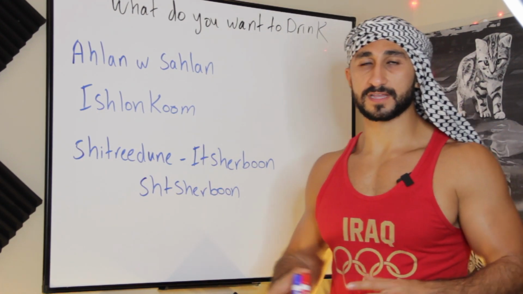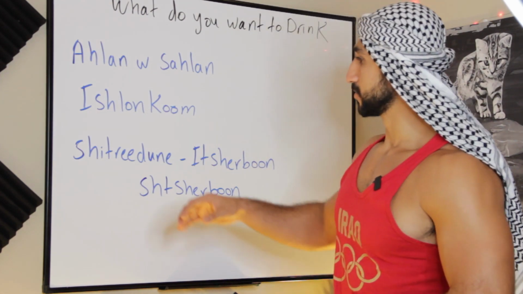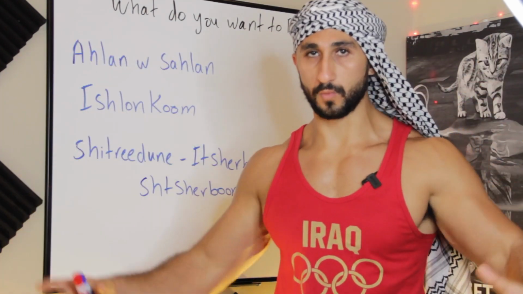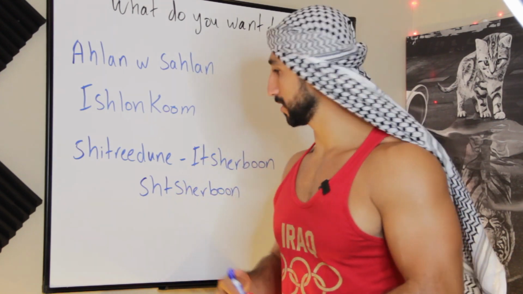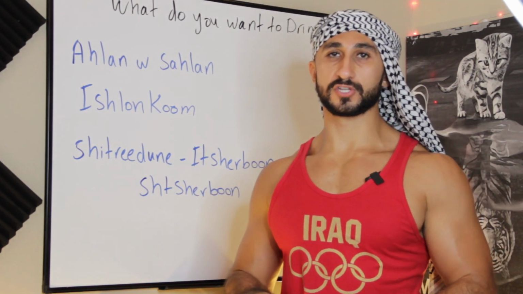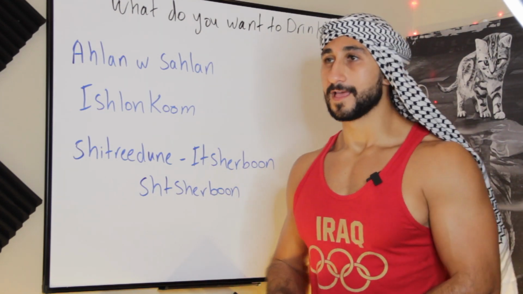Alright, so now the first thing in the restaurant, they're going to ask you, what do you guys want to drink? Okay, so as I taught you earlier, shitridun is what do you all want? Okay, so the waiter asks everybody, shitridun تشربون. You all. شو تريدون تشربون. Okay.